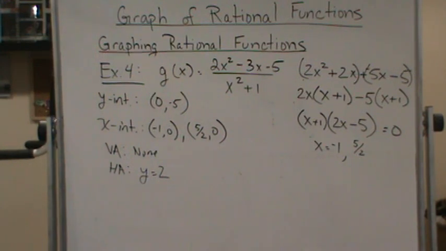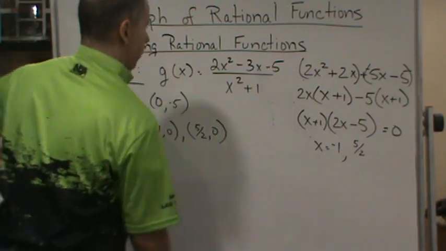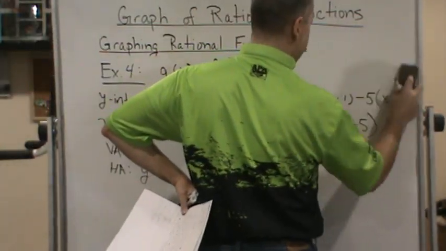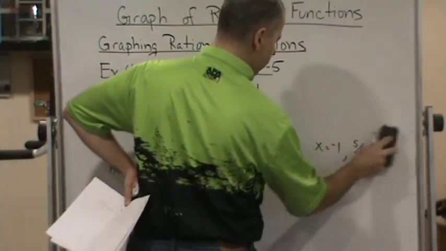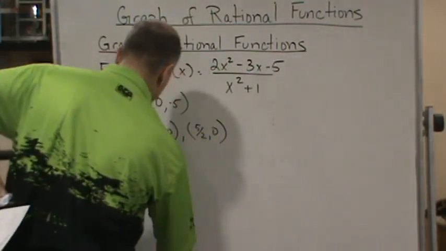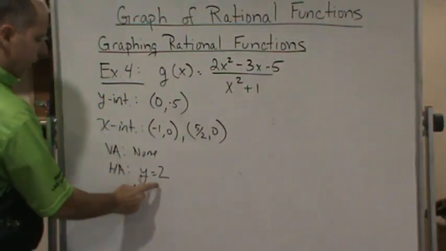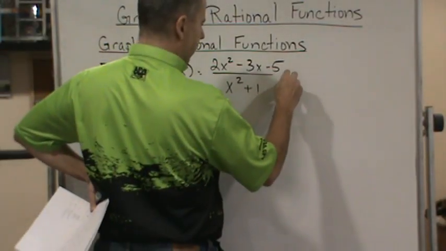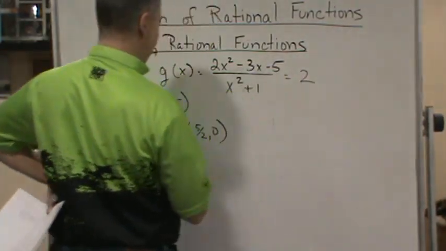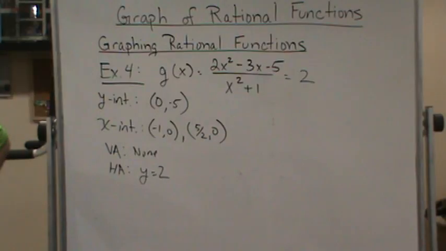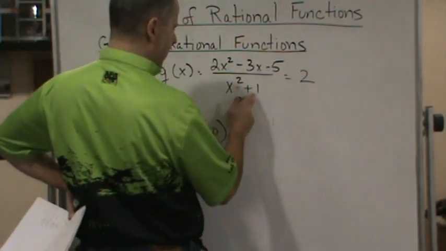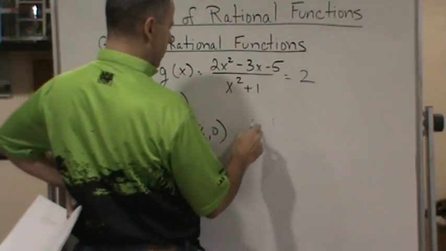So now we're going to determine if it crosses the horizontal asymptote. Okay, so now in this case here, we got to set up a new equation, right? We want to see if it crosses y equals 2. So we're going to set g of x equal to 2 and see if we can solve it. So now I'm going to multiply both sides by x squared plus 1.